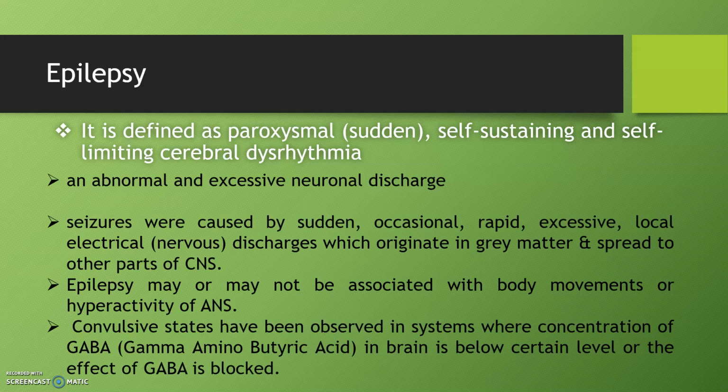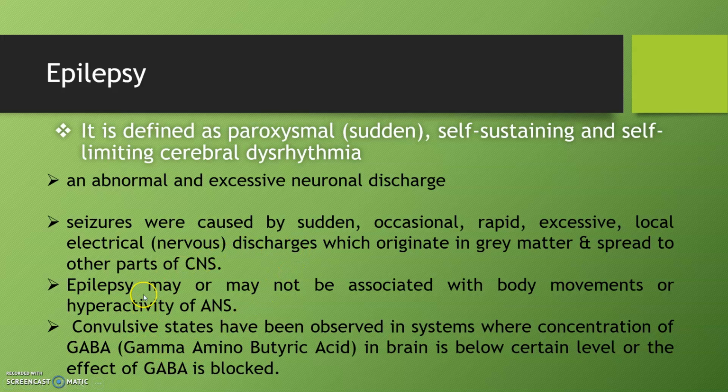So what are the different causes and how are they involved in this? Epilepsy generally occurs from seizures, and here seizures means the sudden occasional rapid electrical discharge of the nerves or neurons. Due to this, epilepsy occurs, and epilepsy is nothing but part of the seizures.